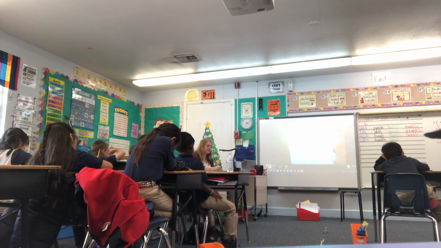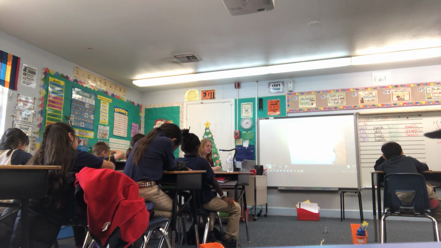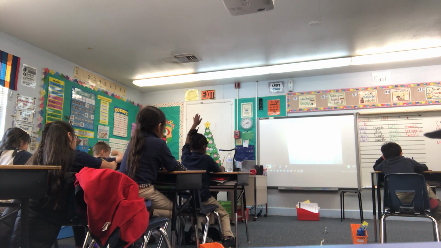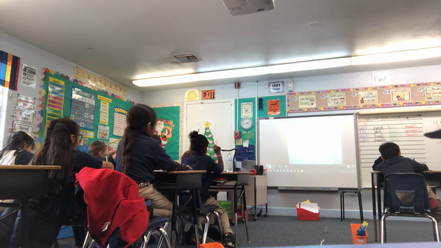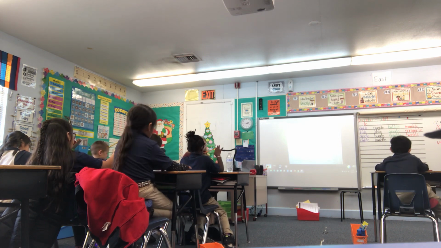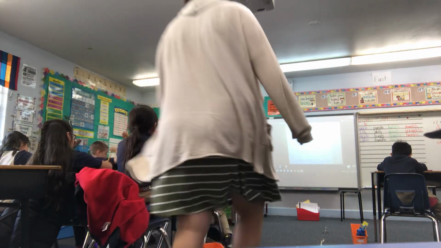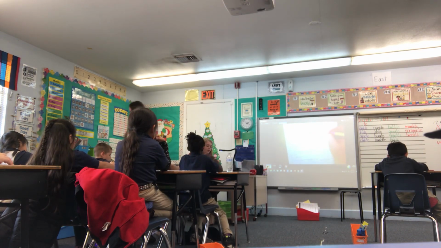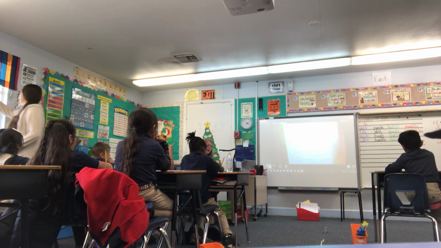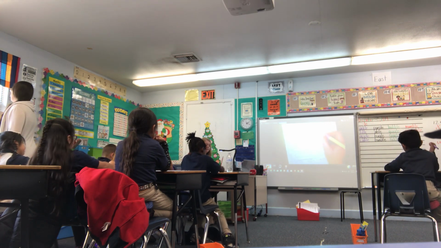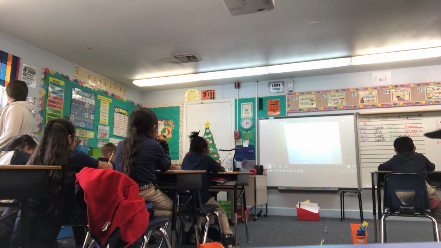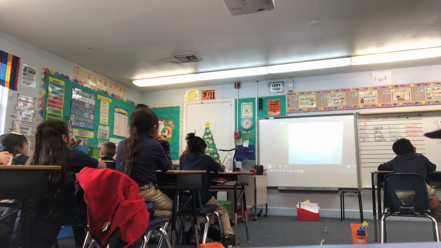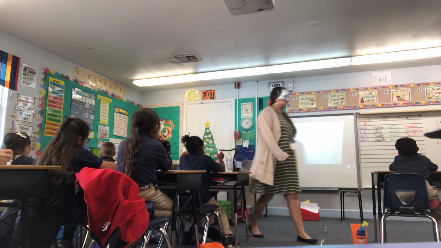You write in the workspace 48 cents. What's next? Miko. What do we write next? 37 cents. And then we write our plus sign and our equal sign.